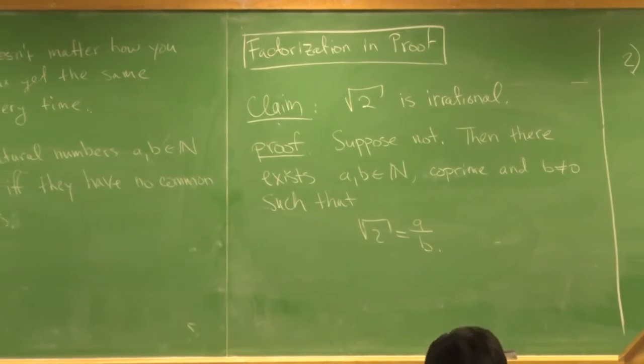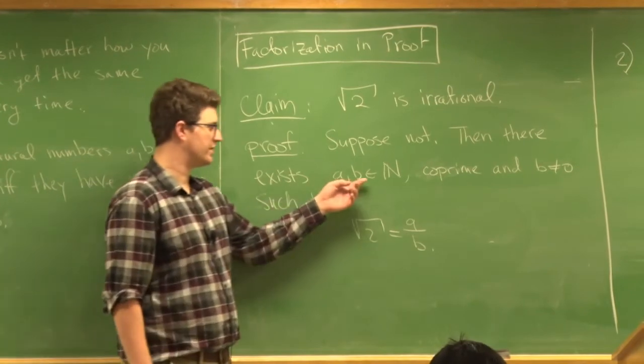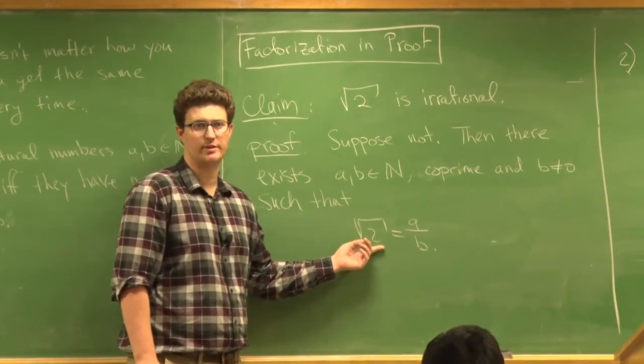Okay, so this is the supposed not. I put them in the natural numbers here because it needs to be a ratio of positive numbers, since this is a positive real number.